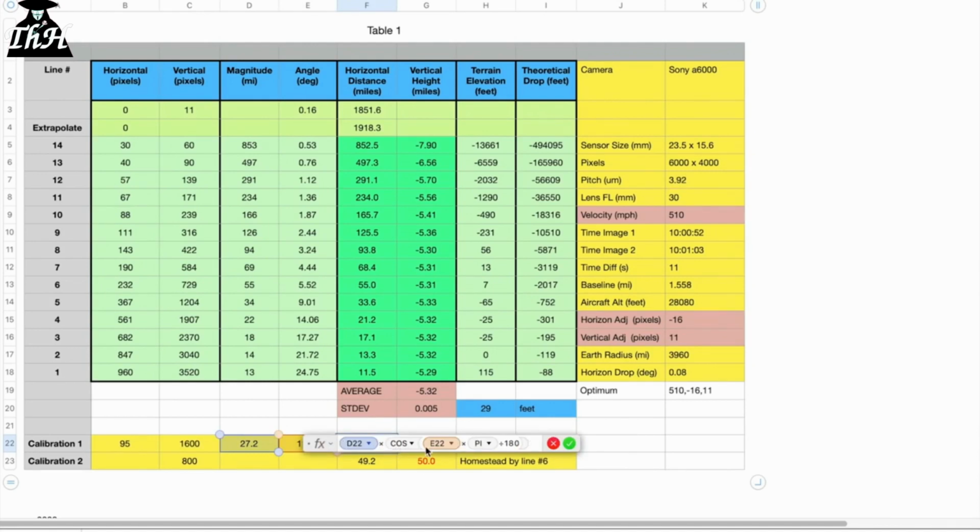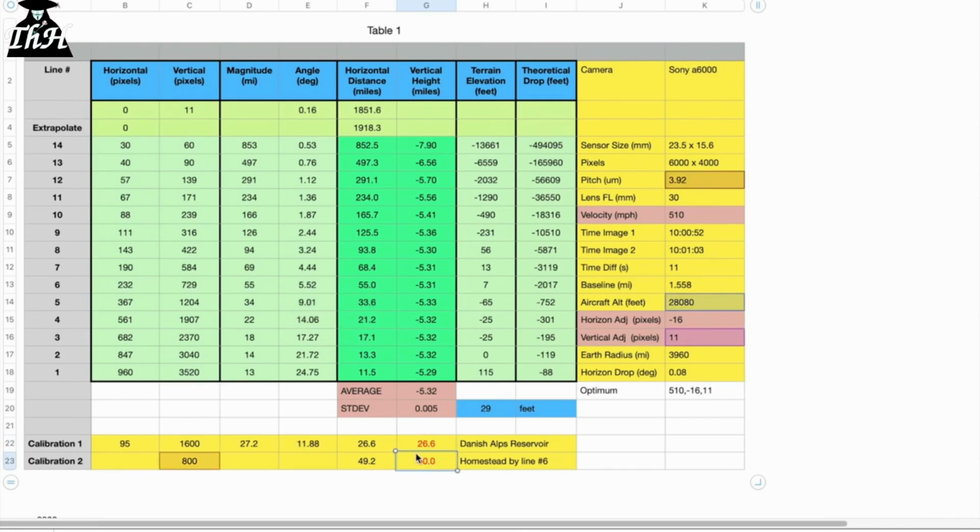So that's how I determined how far away the aircraft was from that reservoir. And then I interpolate from the data right there. See, I interpolate between those two values, and I put that in there.